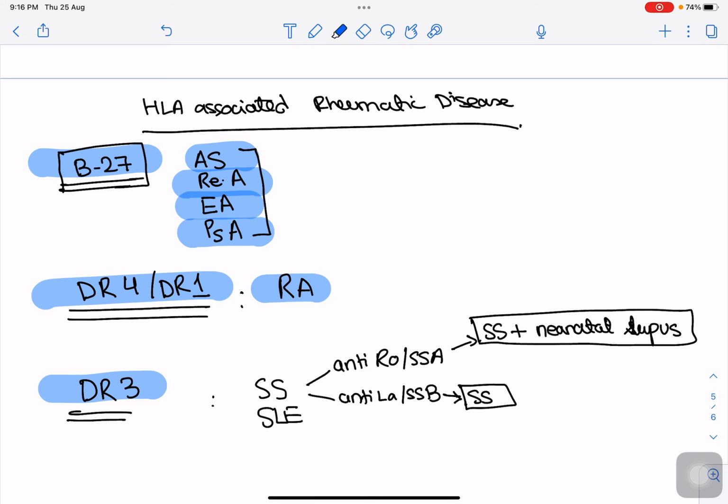A patient who is positive for DR4 and DR1 may possibly have rheumatoid arthritis, whereas DR3 is positive for systemic sclerosis and SLE. Systemic sclerosis further has anti-Ro and anti-La, SSA and SSB, which are positive for these two conditions.